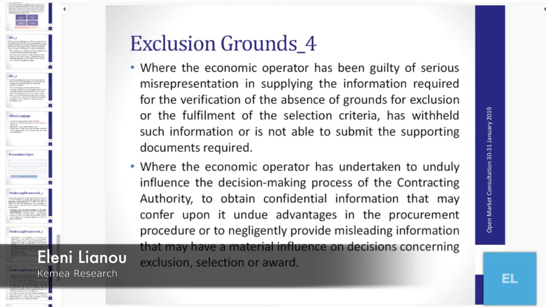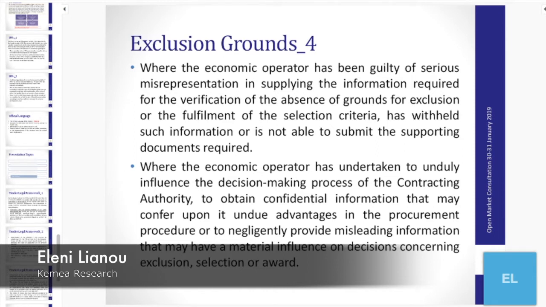Other exclusion grounds, and all these grounds are, of course, indicative. We may add more, but everything depends on how we will deal with the exclusion grounds as set by the procurement directives. Where the economic operator has been guilty of serious misrepresentation in supplying the information required for the verification of the absence of grounds for exclusion or the fulfillment of the selection criteria.